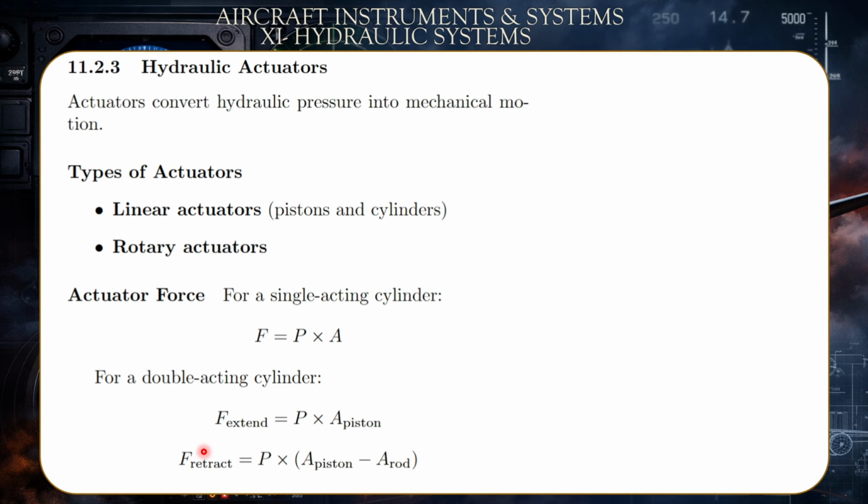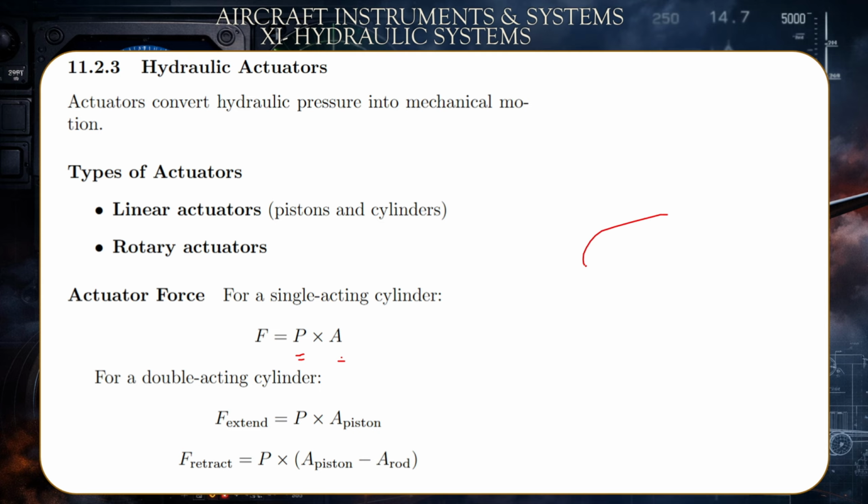And the force of retraction is P multiplied by the area of the piston minus the area of the rod, like the area of the moving rod of the cylinder. Now here, P is the pressure, not the power.